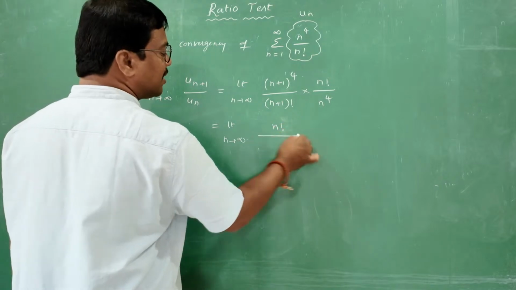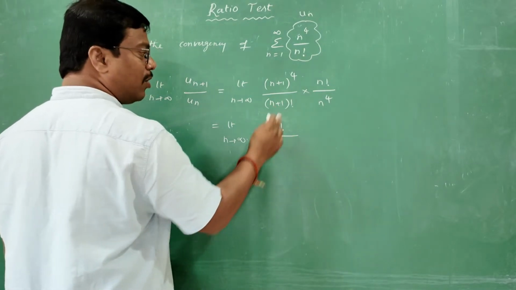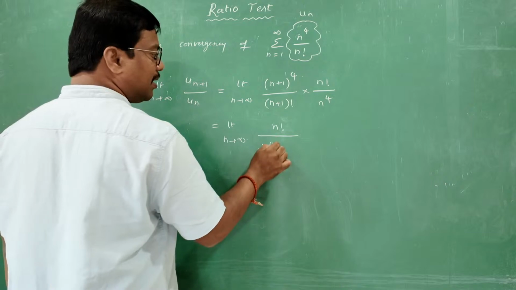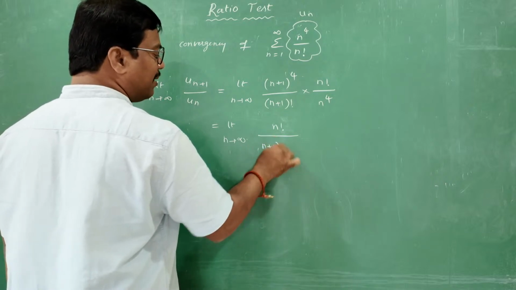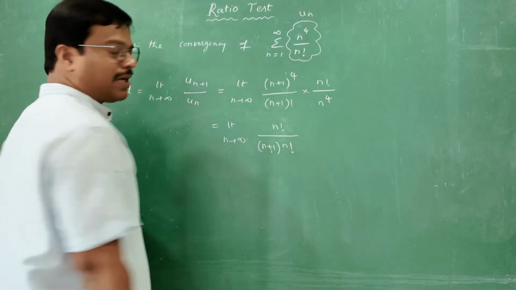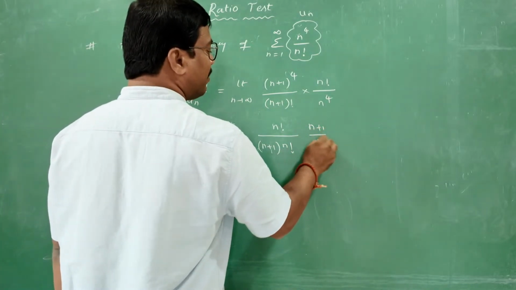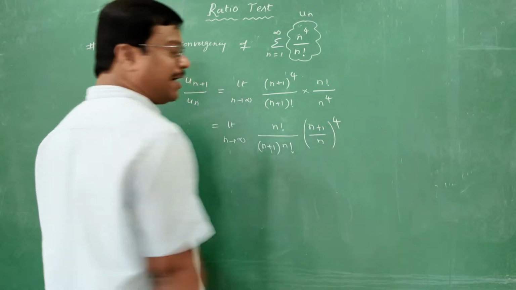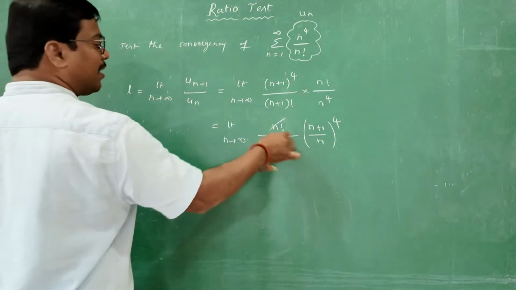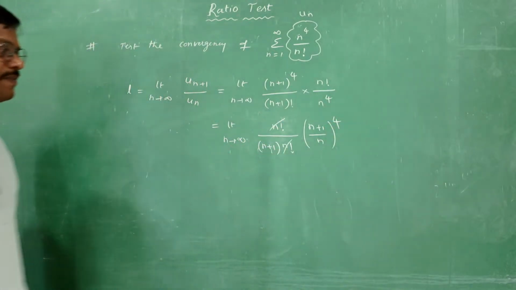Numerator n factorial as it is. This n plus 1 whole factorial is written as n plus 1 multiplied by n factorial. And the remaining part is n plus 1 by n whole to the power of 4. N factorial gets cancelled.